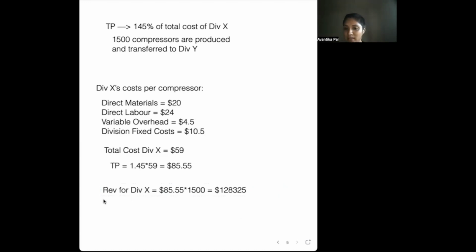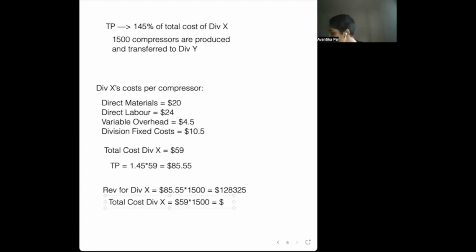Now the same thing you have to do for the cost. Since we've already done the total cost per compressor, which was 59, we just have to multiply that by the quantity. So you just write total cost Division X would be your 59 times your 1,500, which is your quantity.